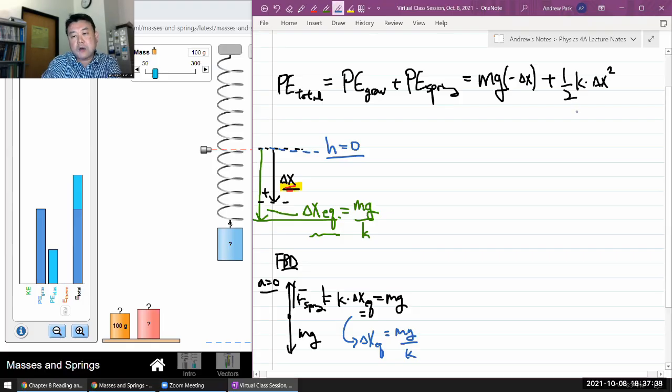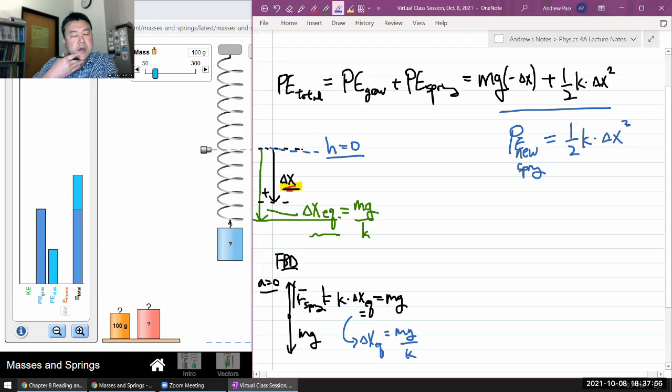Before, I was saying I want this to be expressed as some kind of new and improved spring potential energy. And originally I was saying, hey, I want this to be k times delta x squared. But if I think about it more, I don't think I want that, because where I want my spring potential energy to be 0 is not where delta x is equal to 0.